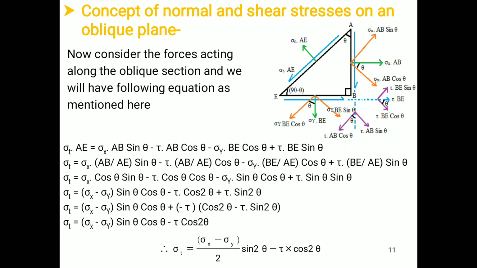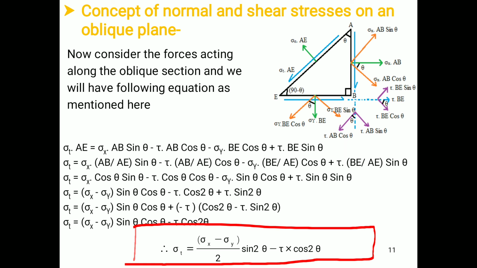Again, by making some mathematical simplification, I have the final value of shear stress acting along the oblique plane, that is sigma t is equal to (sigma x minus sigma y)/2 sin 2 theta minus tau cos 2 theta.